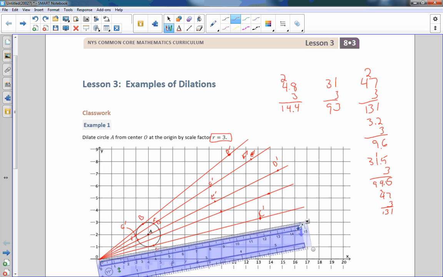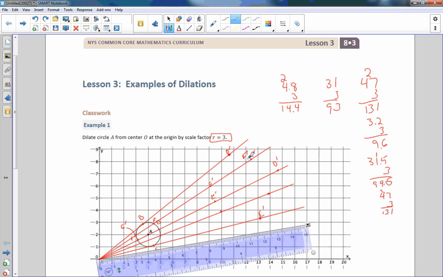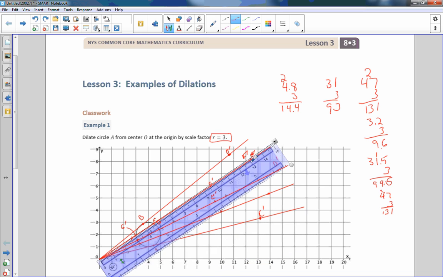No, that's right. Okay, how about this one up here? So F is here, which is 47. Now it's 45, 6, 7, 47, so that should be 131, and it is.